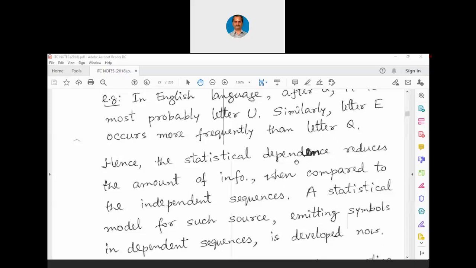You will have to revise the statistics which you had studied in the 4th semester or in the 3rd semester. You already had probability and statistics in the curriculum for maths, maybe maths 3 or maths 4. Now you will have to recall all those concepts, because in this particular course we are going to use all those concepts which you had studied in probability and statistics.